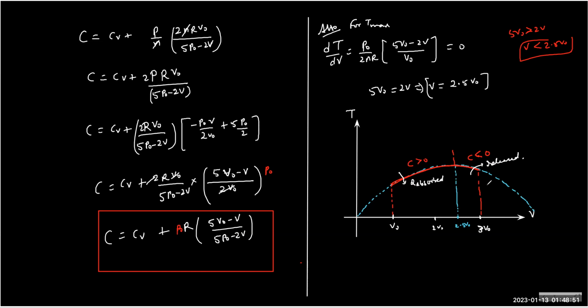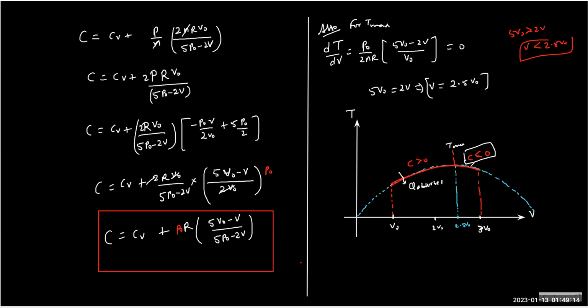Sorry, this is again incorrect. Here, heat absorbed is correct. But because here C is negative, which means upon decrease of temperature, because this is the T max, no?